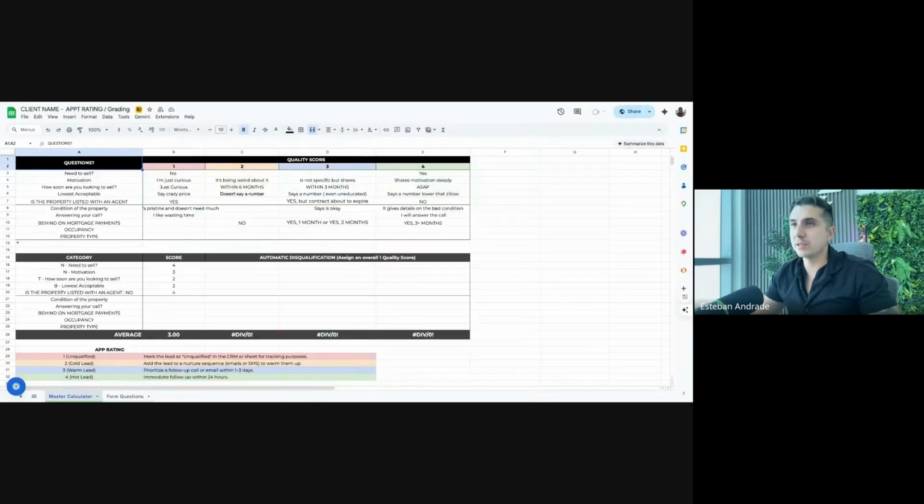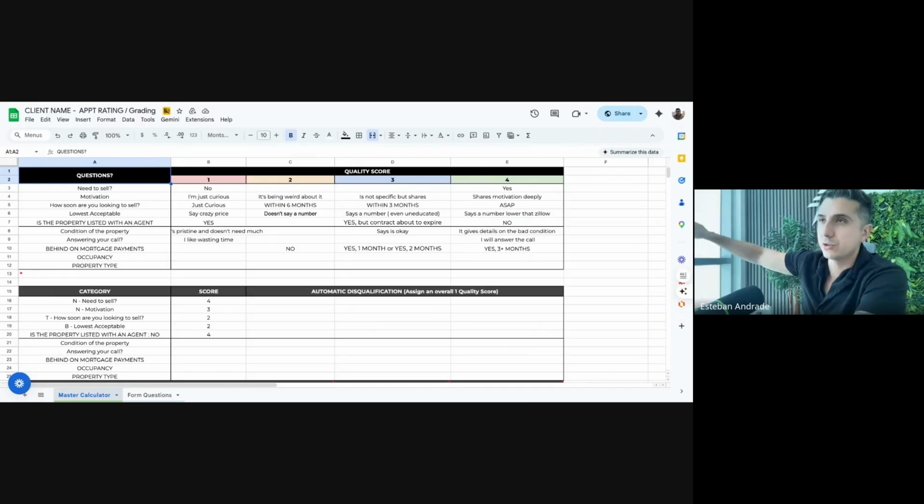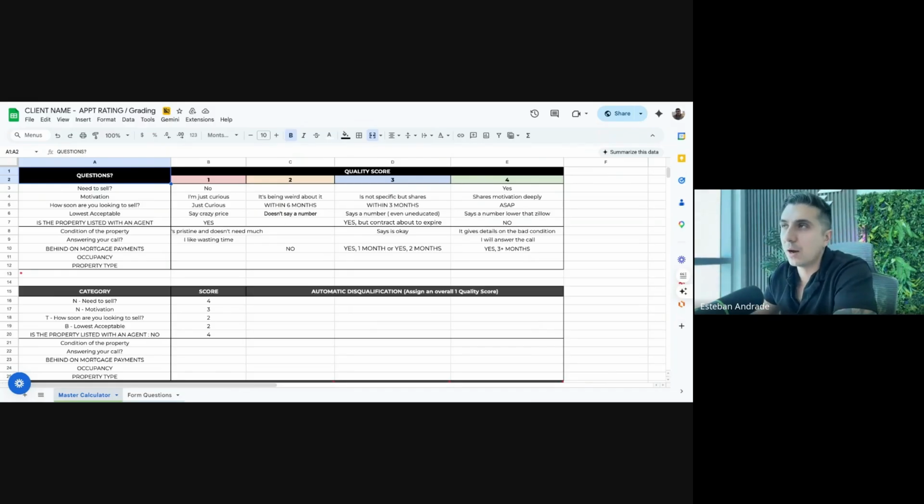So this spreadsheet right in here. If you guys don't have a lead scoring mechanism where every single time you have a lead you can score the lead, whether in a spreadsheet or in the CRM itself, in the workflow, every time they answer a question in the survey, and you don't have a qualification score, quality score, you're not going to be able to know what type of lead this is.